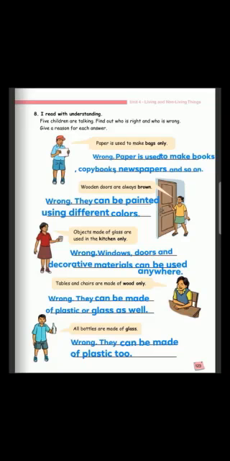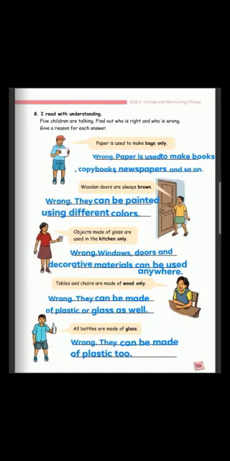Third child, objects made of glass are used in the kitchen only. Wrong, because windows, doors, and decorative materials that are made of glass can be used anywhere. Fourth child, tables and chairs are made of wood only.